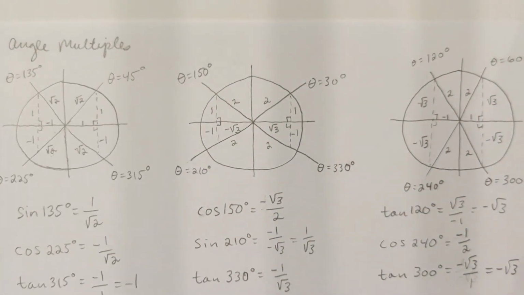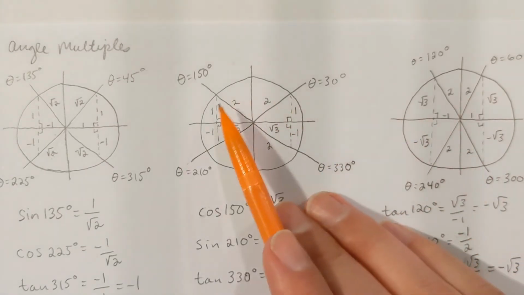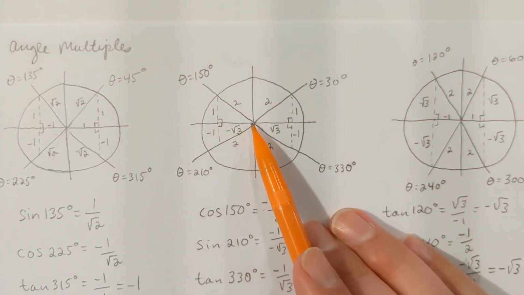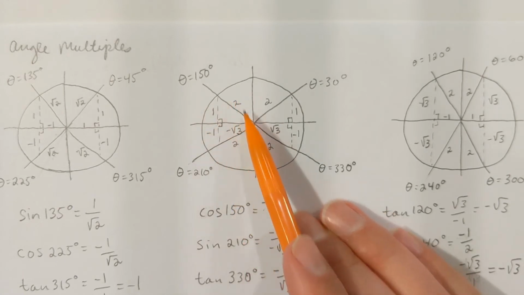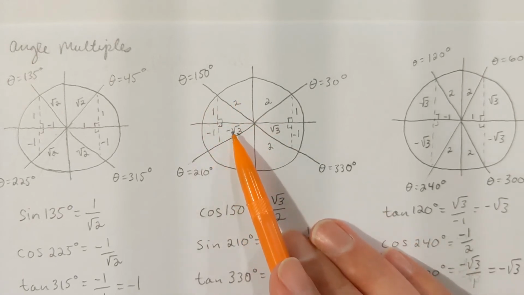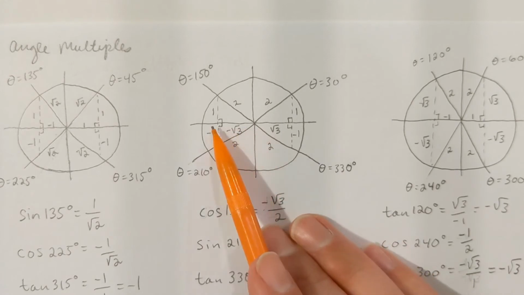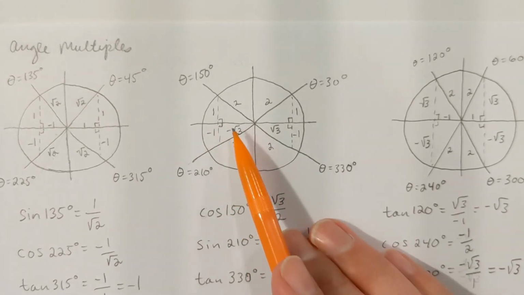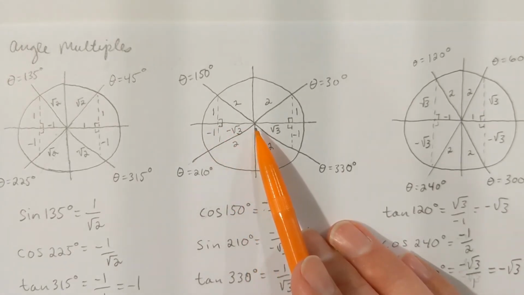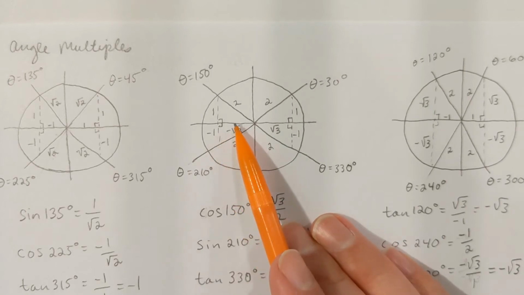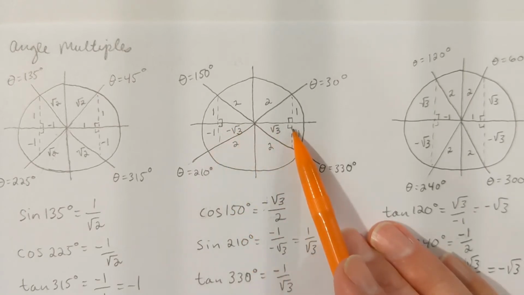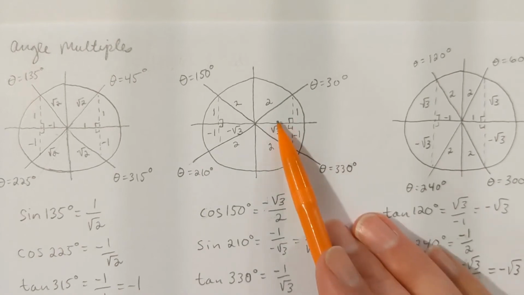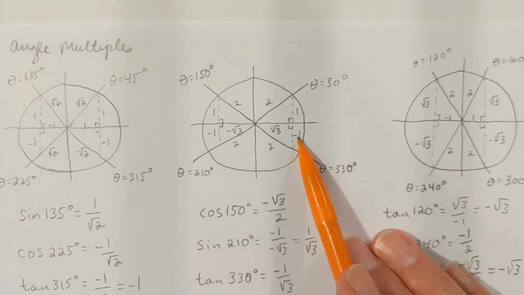Okay, but if I draw a 30, 60, 90 right triangle in quadrant 2, that's not going to affect the opposite side or the hypotenuse, but the adjacent side would be a -√3 since you're going to the left of the origin. If the triangle were in quadrant 3, both the adjacent side and the opposite side would be negative. If the triangle were in quadrant 4, just the opposite side would be a negative there.